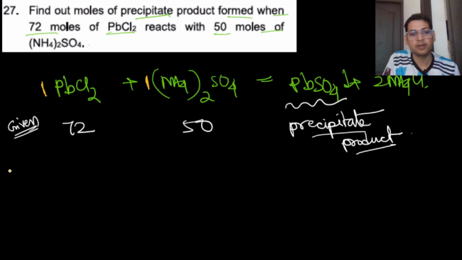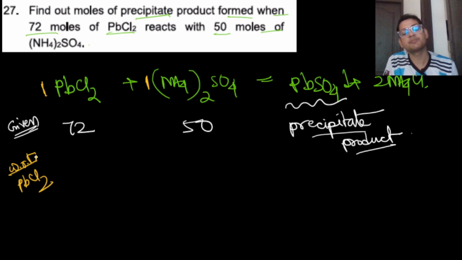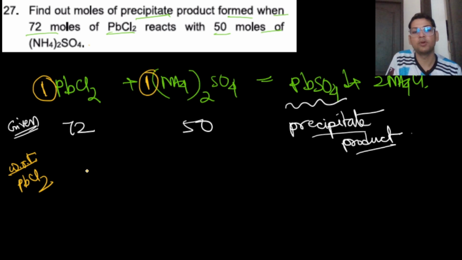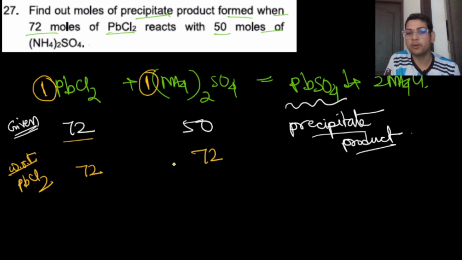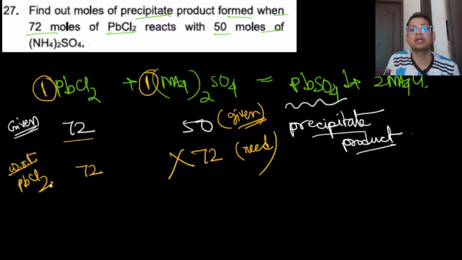If the reaction goes with respect to PbCl2, then for 1 mole you need 1 mole. For 72 mole you need 72 mole. This is your need, but this is given. Do you have enough? The answer is no. So the reaction cannot go with respect to PbCl2.